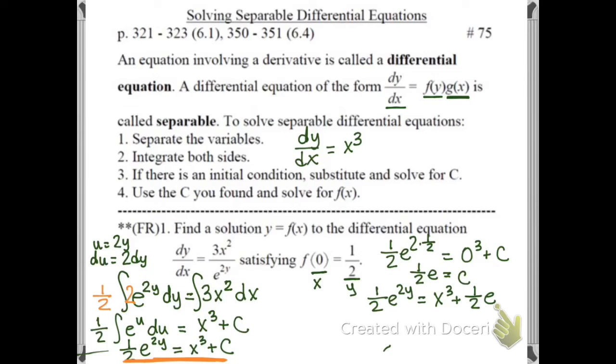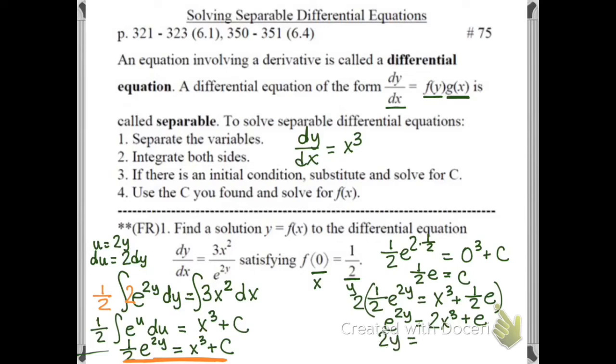So we have to get rid of 3 things, the 1/2, the e, and the 2. So we're going to multiply everything by 2 first to get rid of the 1/2. So we're going to end up with e to the 2y equals 2x cubed plus e. Okay, so next, to get rid of the e, we're going to apply ln to both sides. So applying ln on the left, the e cancels out.